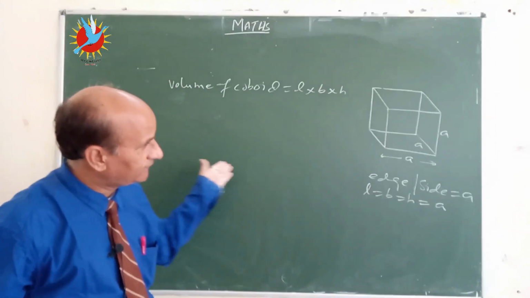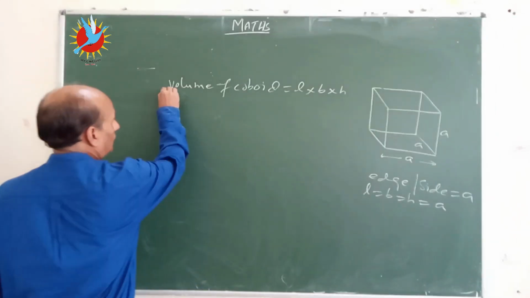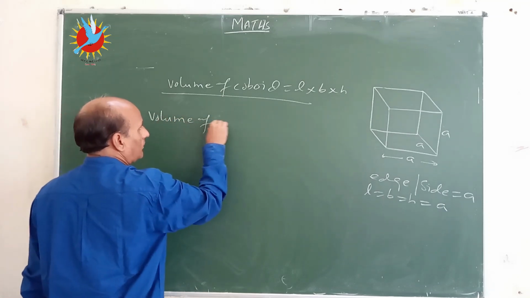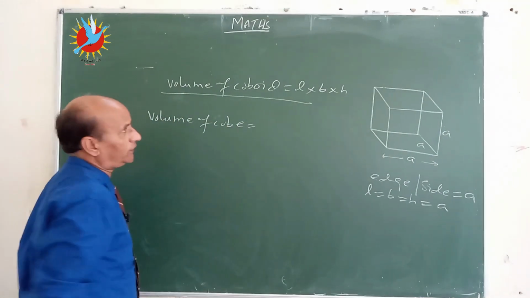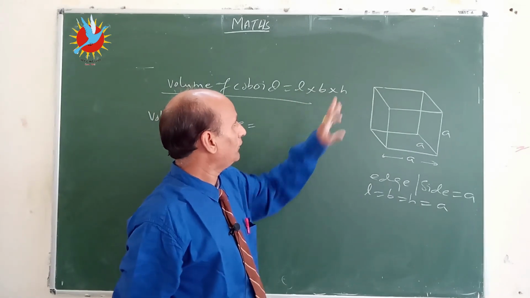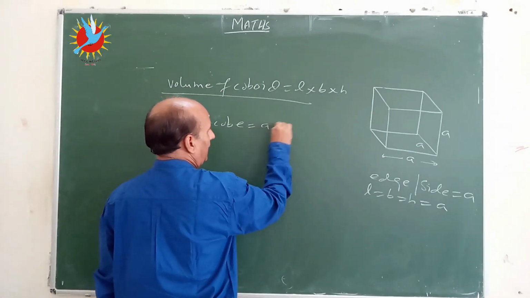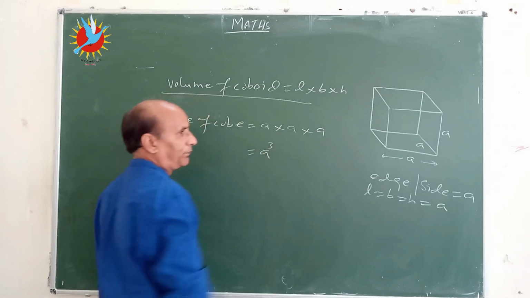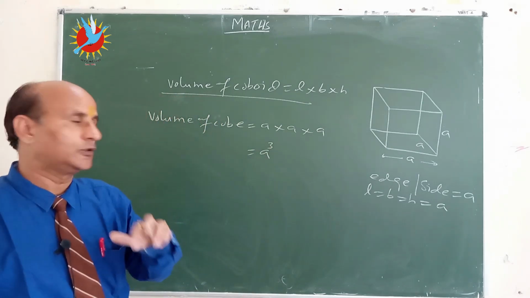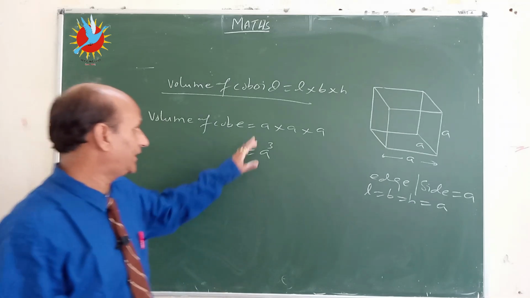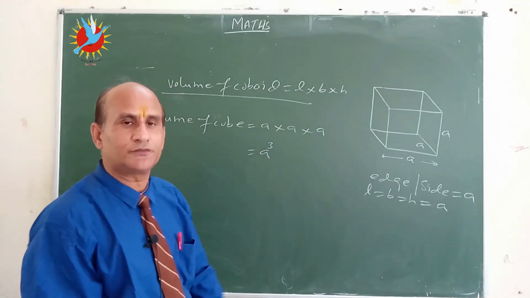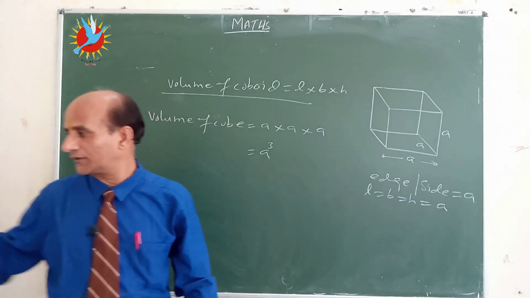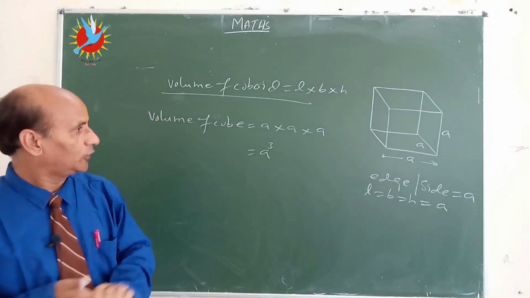Now in a cube, since all three units are equal, for the volume of the cube, put A in place of L, B and H. A multiplied by A multiplied by A, that is A cubed. So if one side is given, you can multiply the same figure three times and you will get the volume of the cube. So in this way you can calculate the volume and total surface area of the cube.